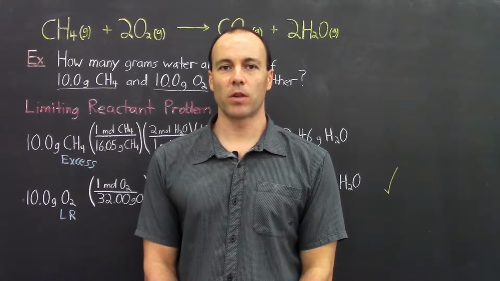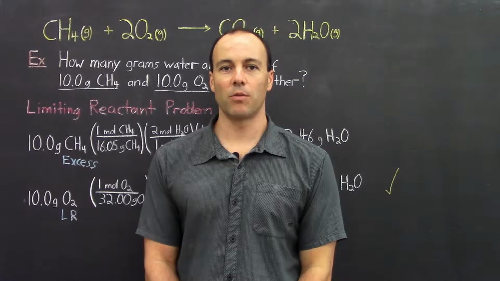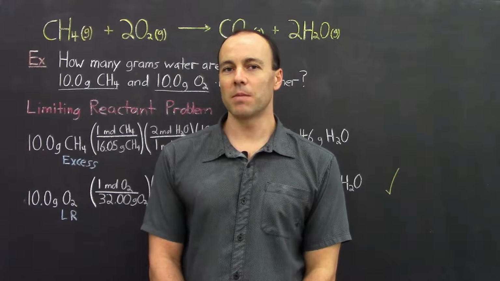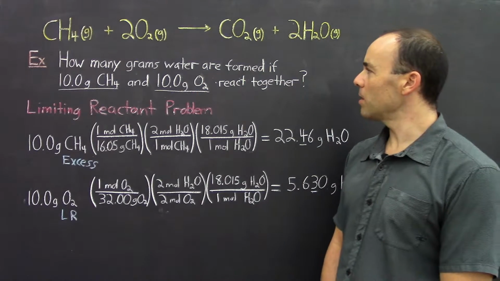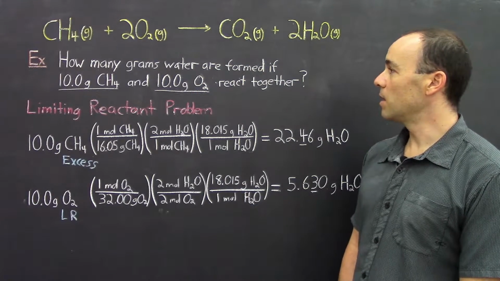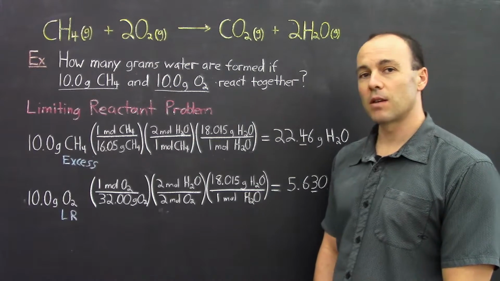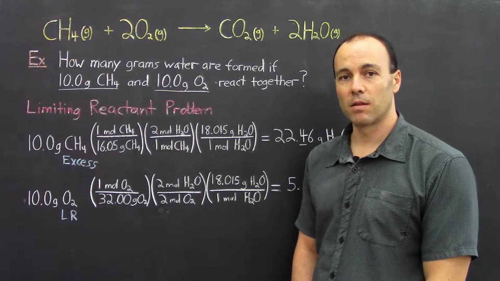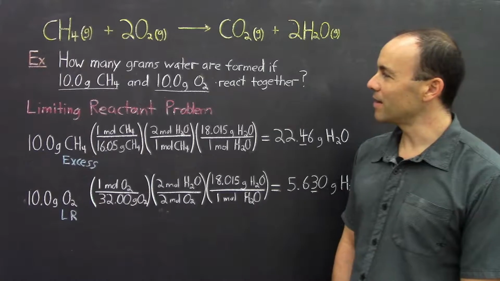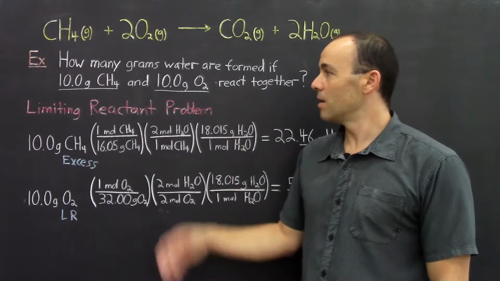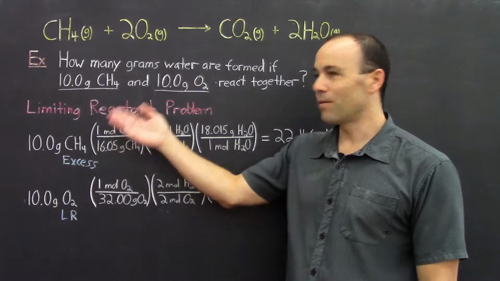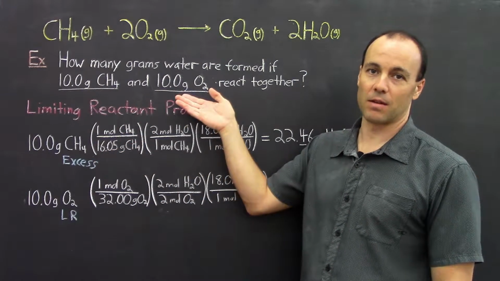In the previous question, it was assumed that all of the methane reacted, but sometimes that's not the case. Here's another question which asks, how many grams of water are formed if 10 grams of methane and 10 grams of oxygen react together? Now, it's unlikely that all of the methane and all of the oxygen fully react. Chances are that you have too much of one of them and not enough of the other.